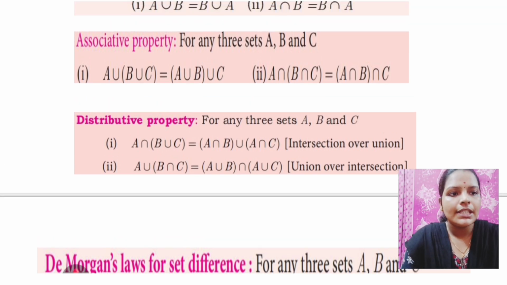For any three sets A, B and C, intersection over union: A intersection (B union C) equal to (A intersection B) union (A intersection C). Next is for union over intersection: A union (B intersection C) equal to (A union B) intersection (A union C).